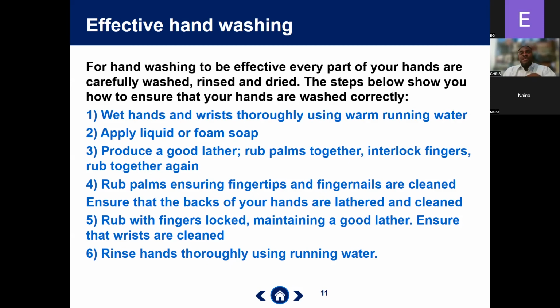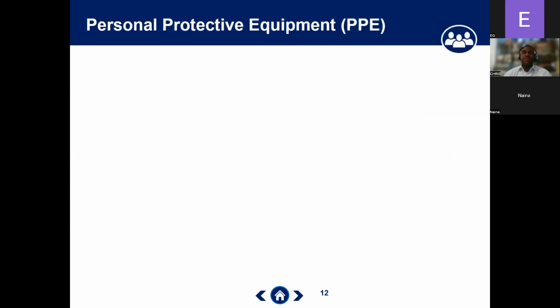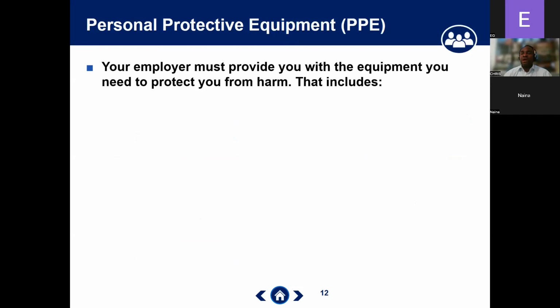The last thing is to rinse our hands under the running water thoroughly, and then we dry our hands. Okay, so these are the effective ways of maintaining good personal hygiene.